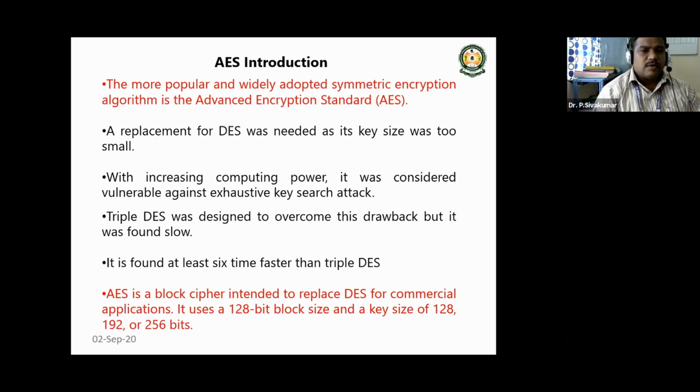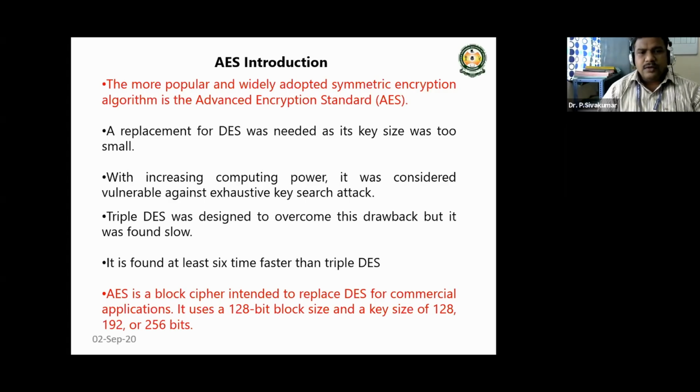What is the DES algorithm? It uses a 64-bit input and 56-bit key. Similarly, to overcome some problems, we use double DES and triple DES, especially triple DES with 3 keys, adopted by applications before developing this particular AES.